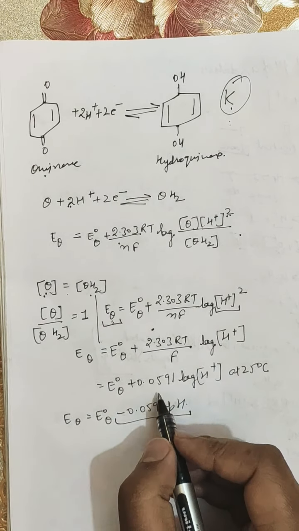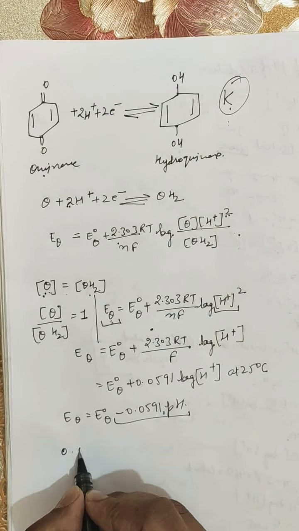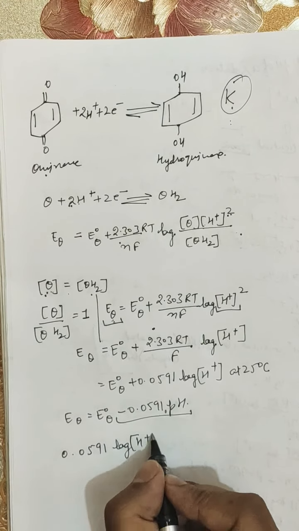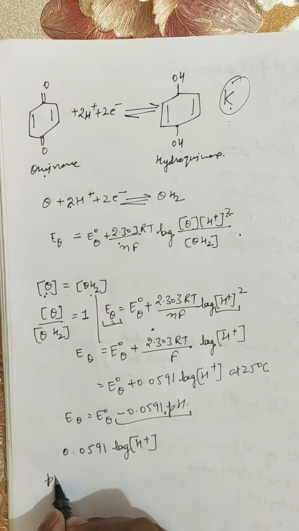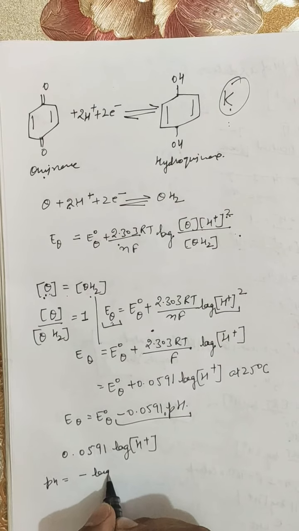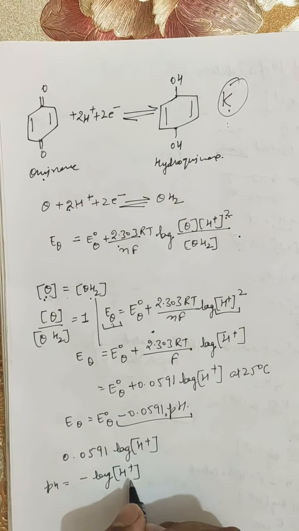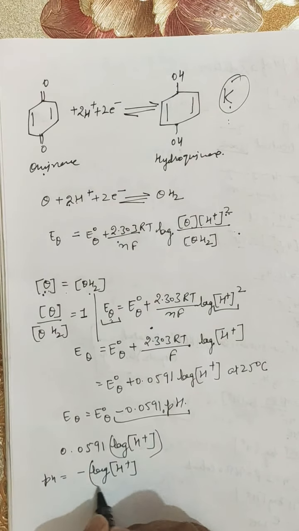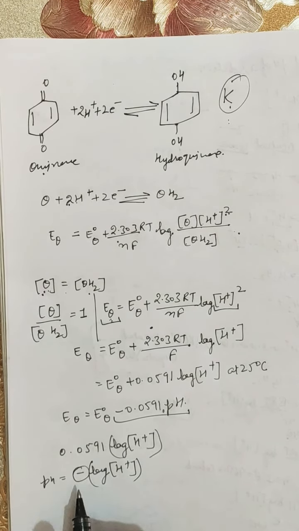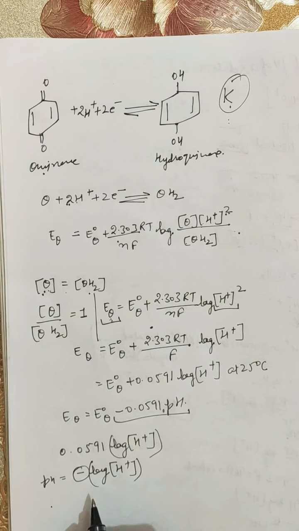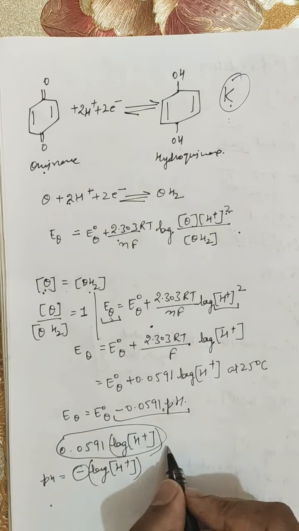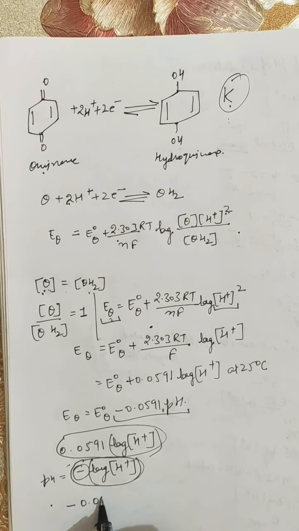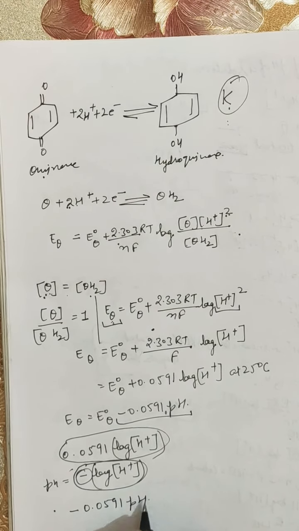This term comes from what we wrote, 0.0591 log of H positive. And what is pH? pH is equal to the negative log of hydrogen ion concentration. So we replaced this log of H positive with pH along with the negative sign, and the equation becomes minus 0.0591 pH.